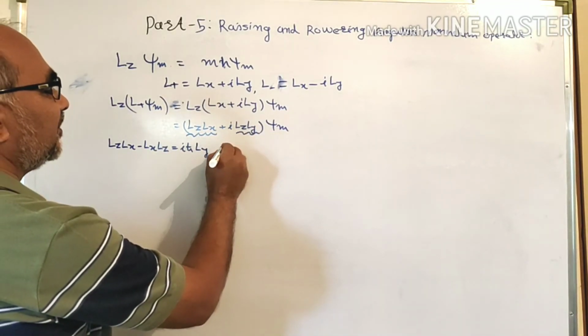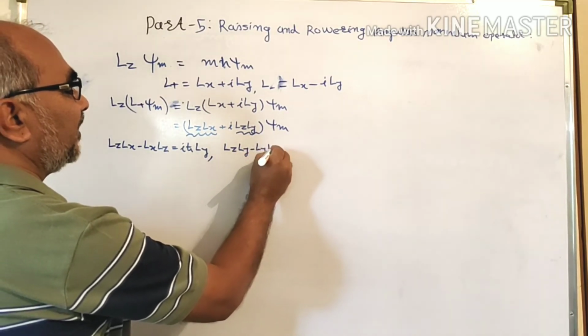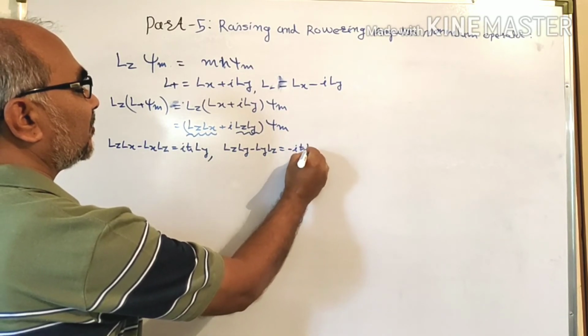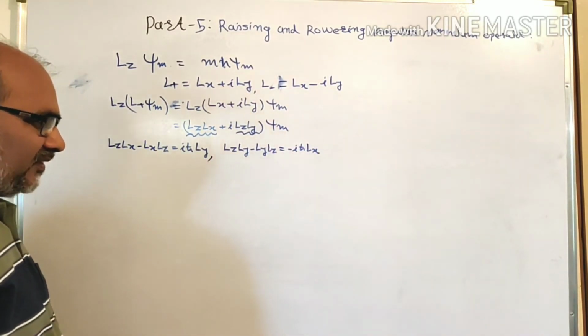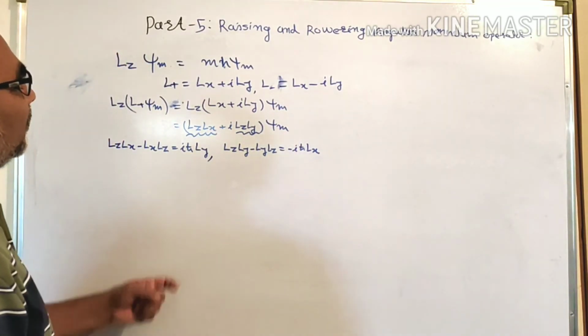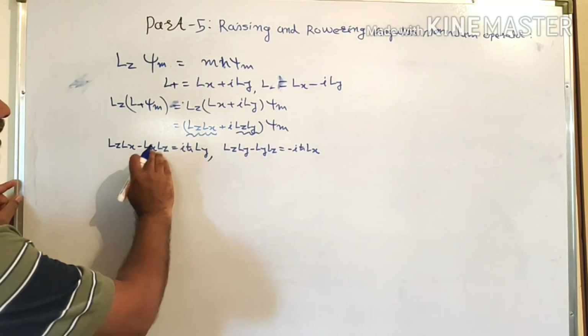Also, LzLy minus LyLz is equal to minus iħLx. This minus is because of the reverse direction. Now from this equation, find out LzLx and transfer terms.